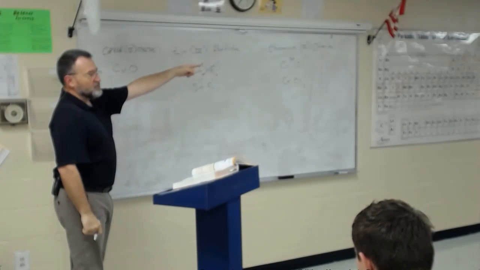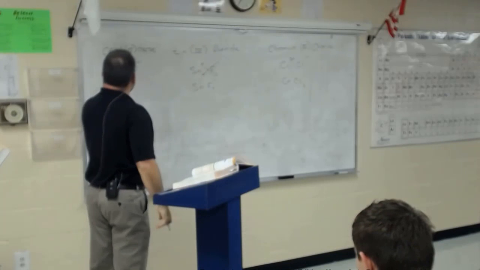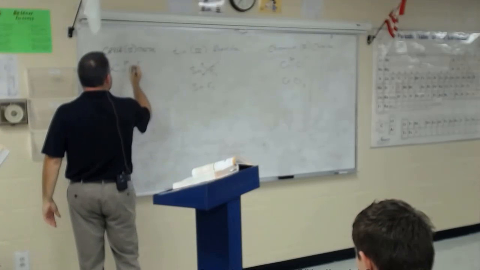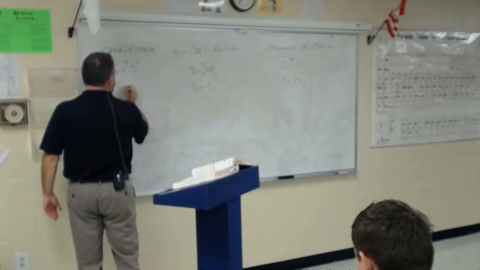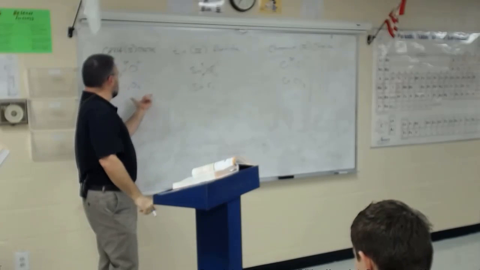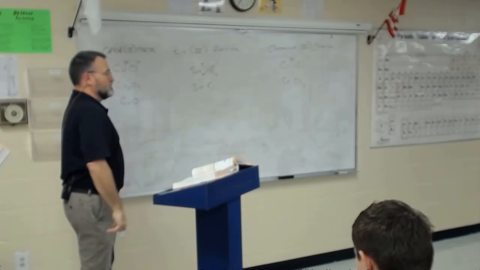Oxygen is a column 6, so it wants to become 2 negative. Copper 2, it wants to become 2 positive. Bringing them down and transposing, it would be Cu2O2. However, it just becomes CuO.